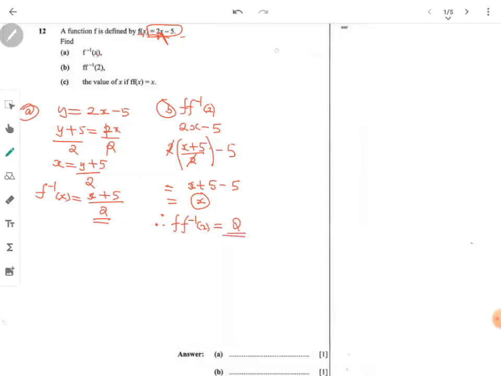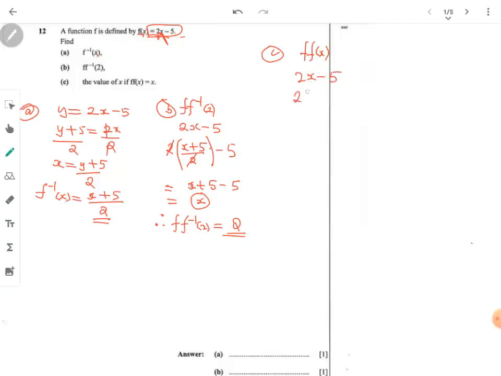C, the value of x if f of f of x is equal to x. Now f inverse is this, if you remember properly. Sorry, this is f inverse. Now we need to find the f of f. F of f of x means in this function, where there's x, I repeat the same and put in f.